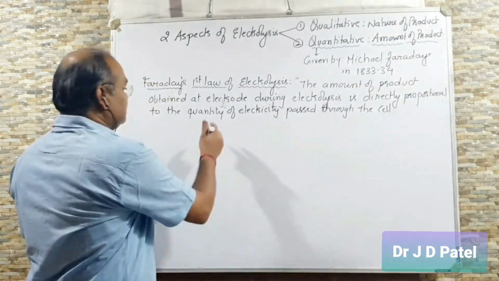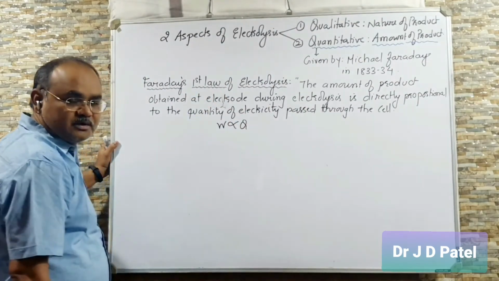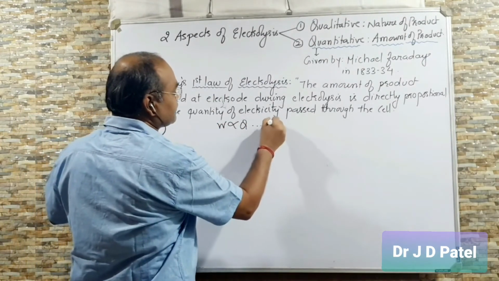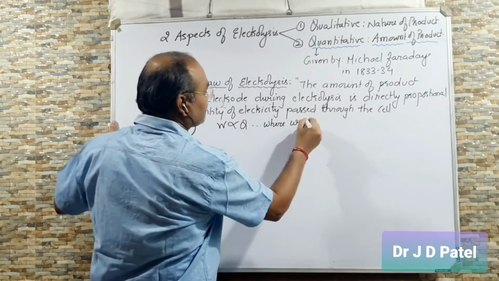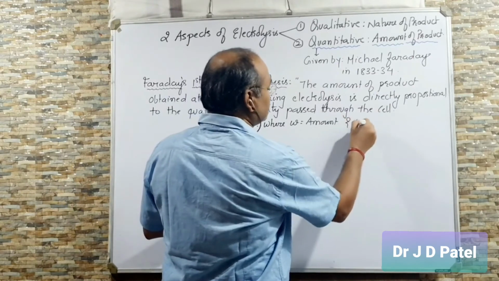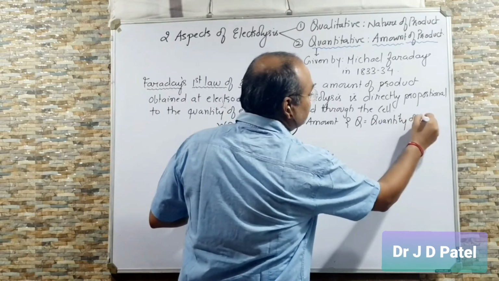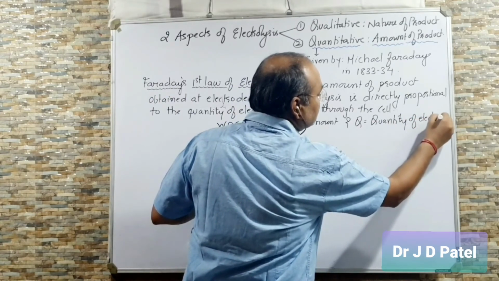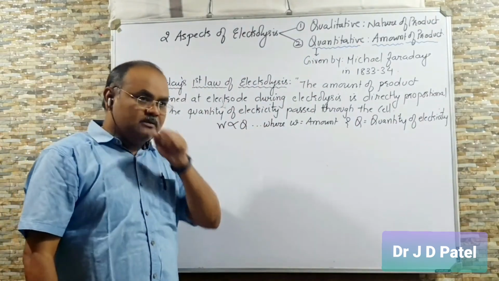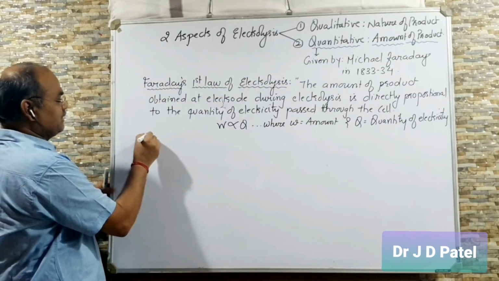This means you can write mathematically W is directly proportional to Q, where W is the amount of product and Q is the quantity of electricity passed through the electrolytic cell. Now, in physics you might have studied, or if you have not studied, I can write one more point.